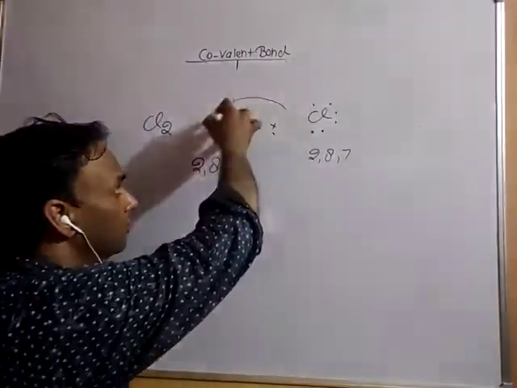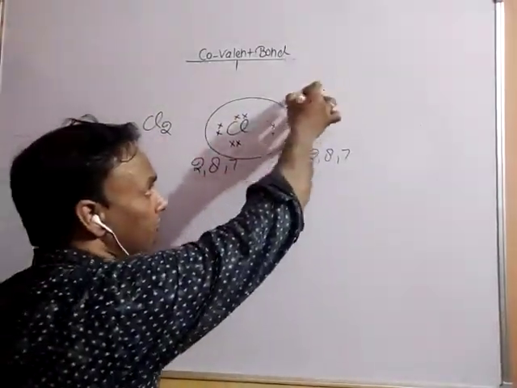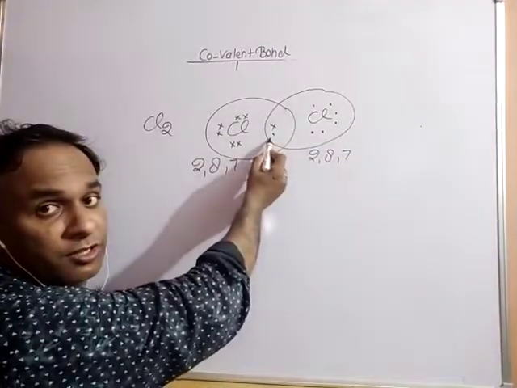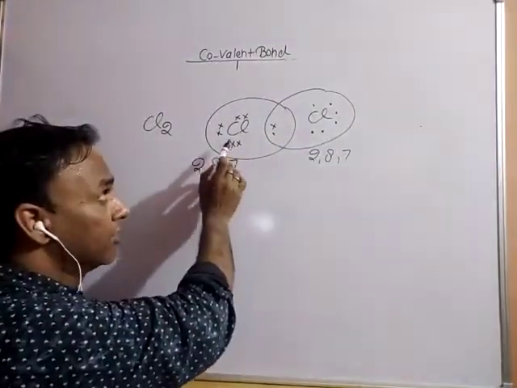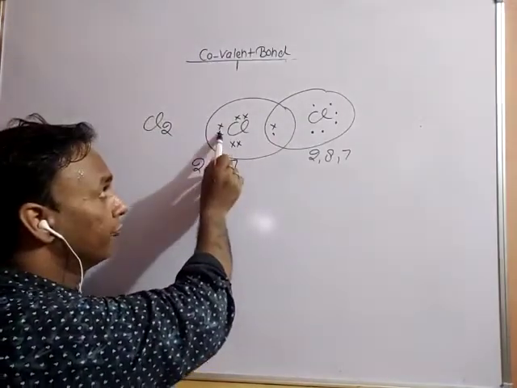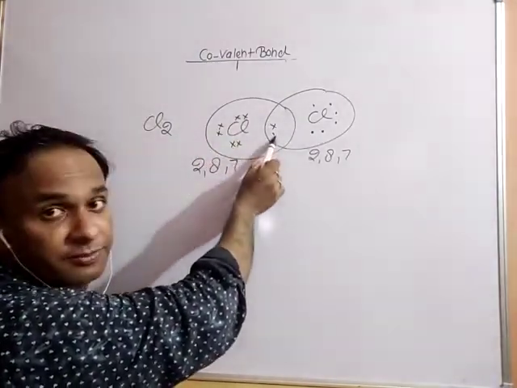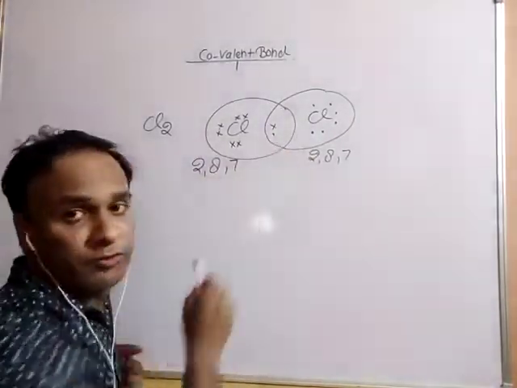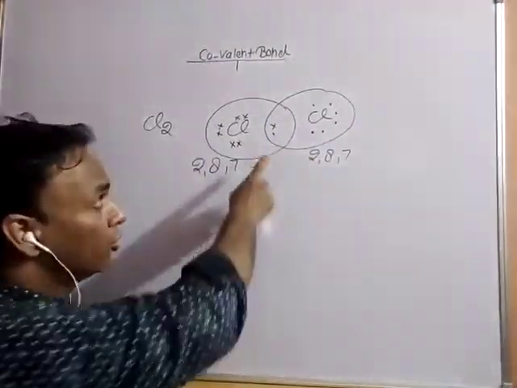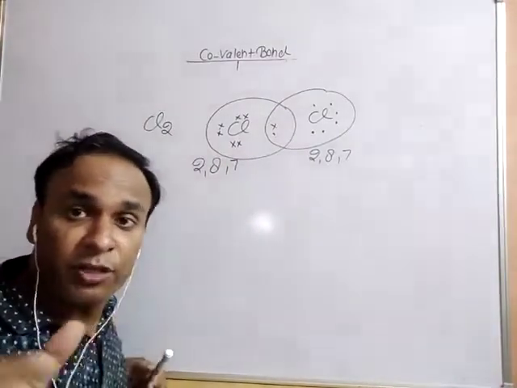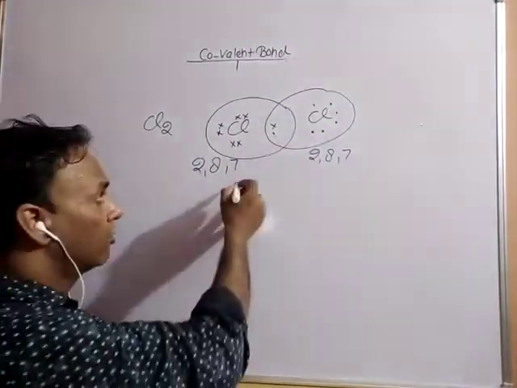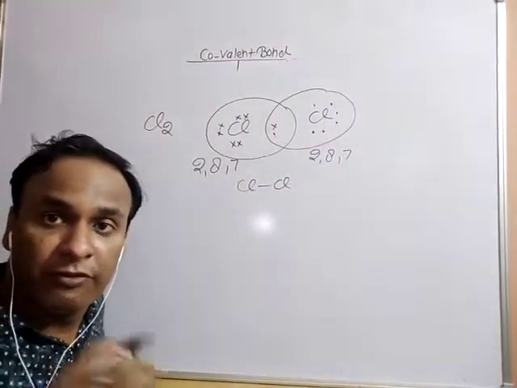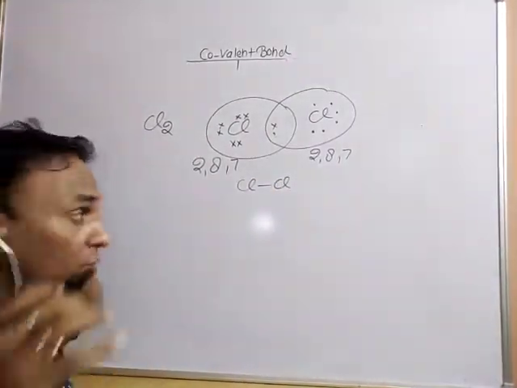That is the sharing portion, and it is counted for both chlorine atoms, making 2 4 6 and 8. That means 2 electrons are shared, and when 2 electrons are shared, that forms a single covalent bond.